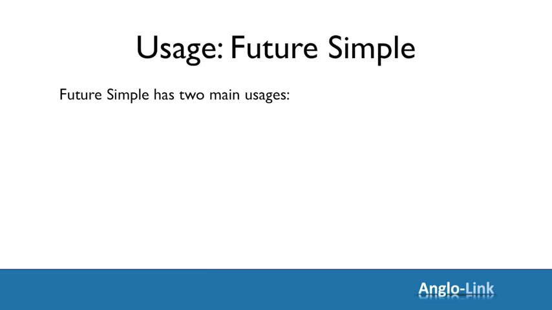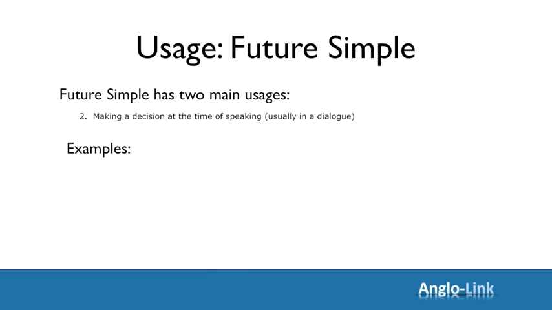The second usage of the future simple tense is when you make a decision at the time of speaking. This usually happens in a dialogue. Someone says something or asks you to do something, and you react. And when you react, you use the future simple.